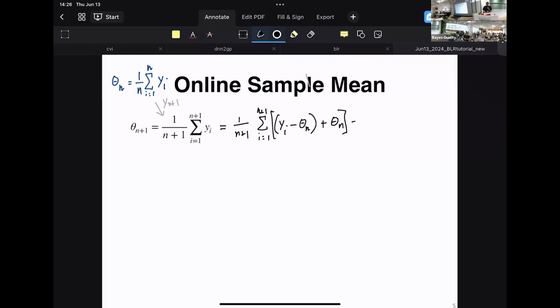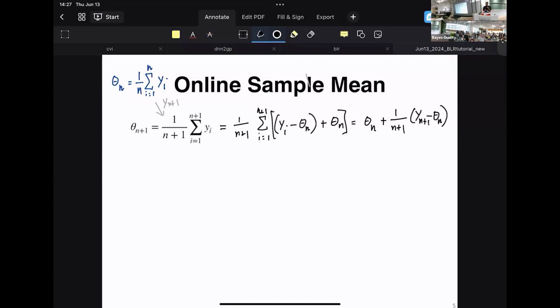Then I could rearrange it, and I get, wait a minute, did I do it right? I shouldn't have tried a new one. Should have just gone with my notes. N plus 1, yeah, makes sense. So this is then theta n plus 1 divided by n plus 1 times y n plus 1 minus theta n. Does that make sense?